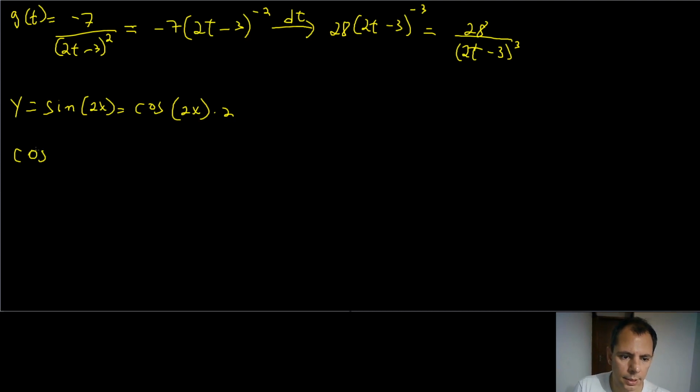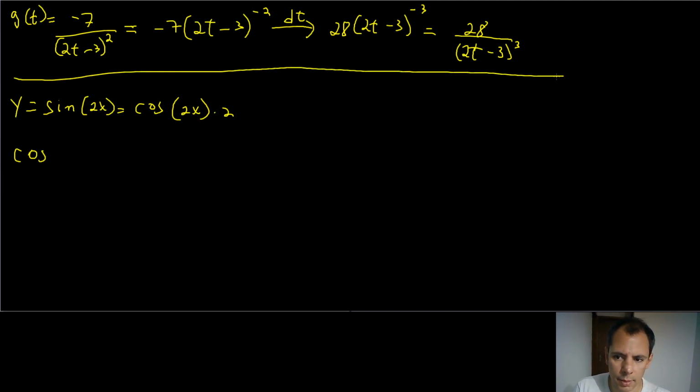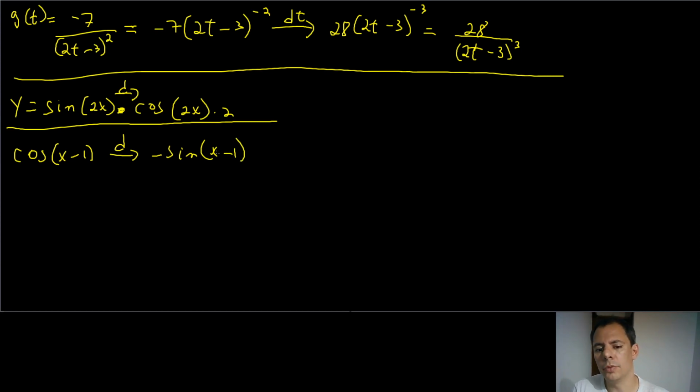That's an example. Now this is another one, cosine of x minus 1, differentiating. We have minus sine of x minus 1 times the derivative of x minus 1, which is just 1.